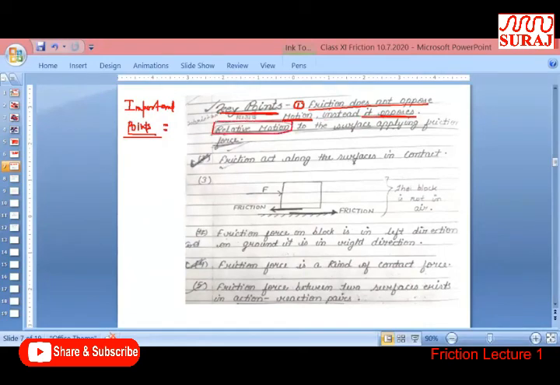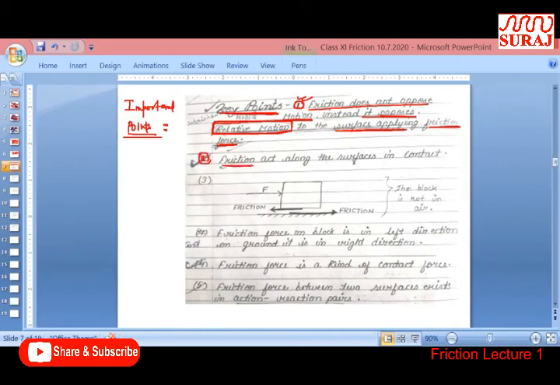Instead, it opposes the relative motion. That is what I have written in the first slide. Friction does not oppose the motion. Instead, it opposes the relative motion to the surfaces applying friction force. Very important point. You can expect this point as an objective question in your NEET examination.